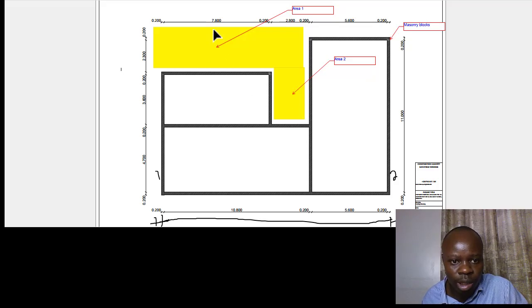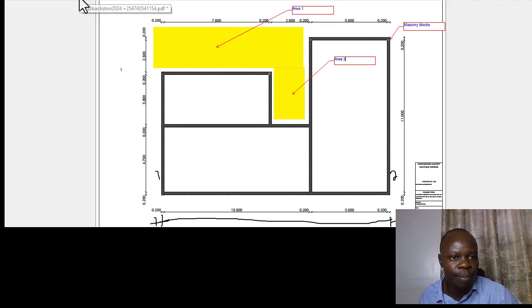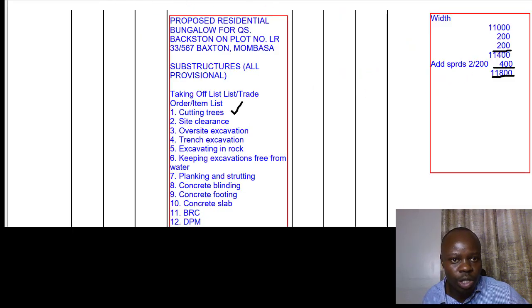So what we do is this. For area 1, this is where we start. Let's get the length for that area 1, and we see what we are subtracting from the other bigger area, so that we have the net dimensions.